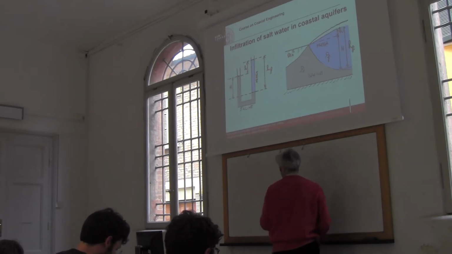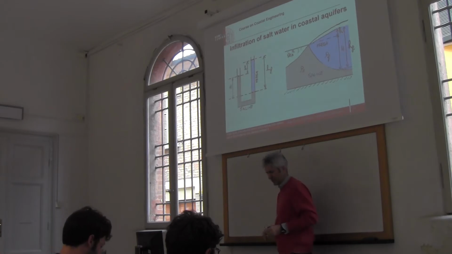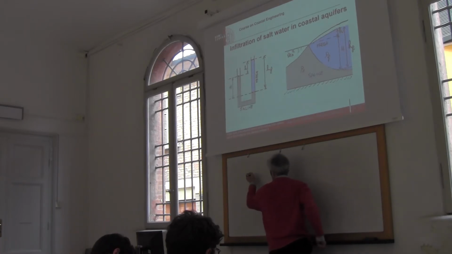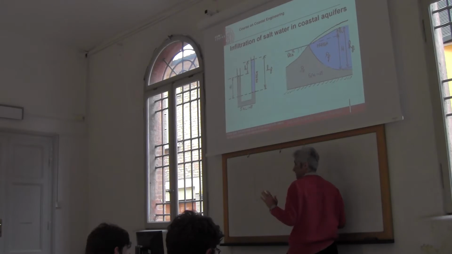I already mentioned to you the hydrostatic law, and it is written in this way. Let's suppose that you have a tank of water, which is a classical example of a hydrostatic system. Hydrostatic means water that is not moving, okay?